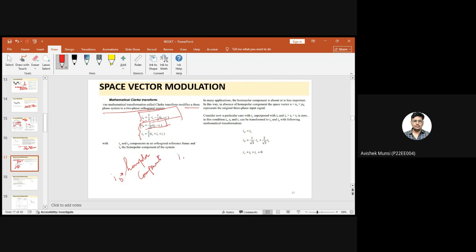So IA, IB, IC is converted in terms of alpha and beta, which is my Clark transformation.